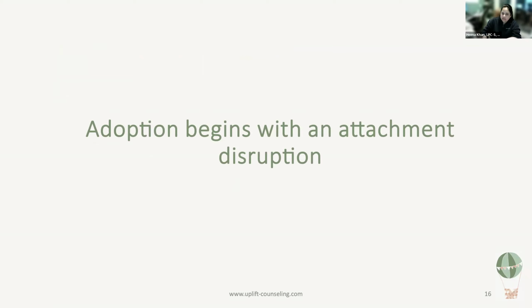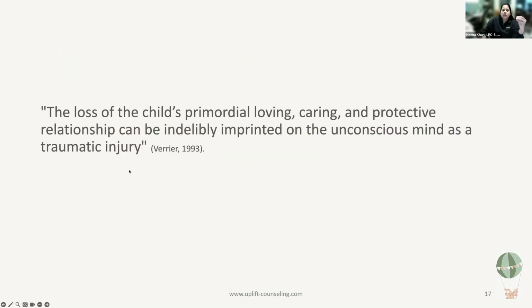So it begins with an attachment disruption. There's an attachment figure, and that attachment relationship is disrupted. The loss of a child's primordial, loving, caring, and protective relationship can be indelibly imprinted on the unconscious mind as a traumatic injury. There's this narrative that if you were adopted at birth, then there's less harm done.